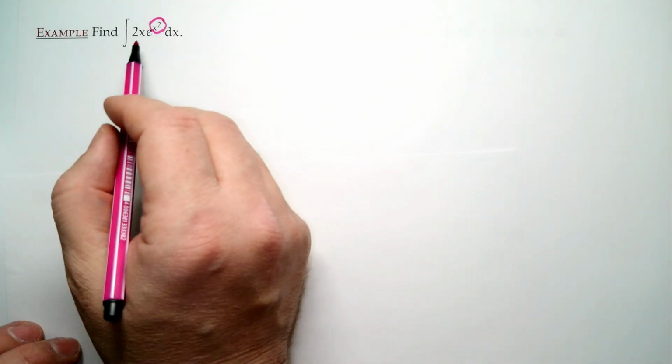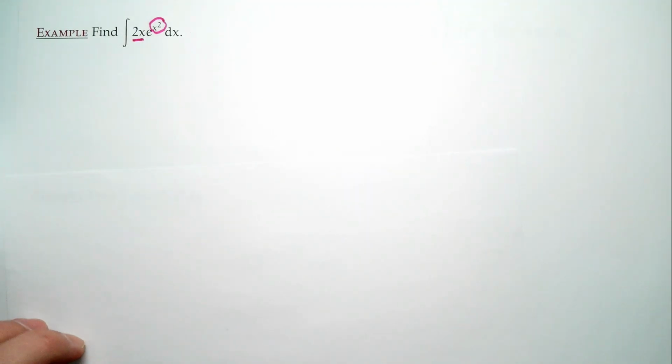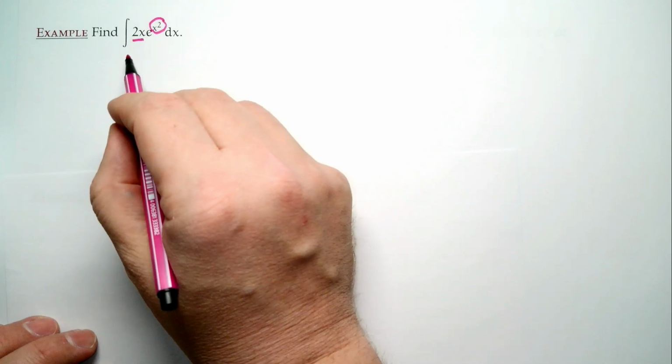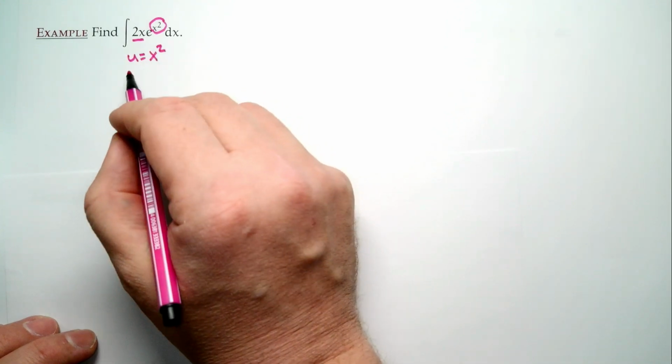Is there anything else that suggests x squared is a good candidate? The fact that we see a 2x here, say, oh, that's a really simple function. I've seen that before. I've seen that's the derivative of x squared. Oh, maybe if I make x squared my substitution. So this is like double hinting. So it's like really, really strongly suggesting that we should try x squared. So in this case, our substitution is u equals x squared.